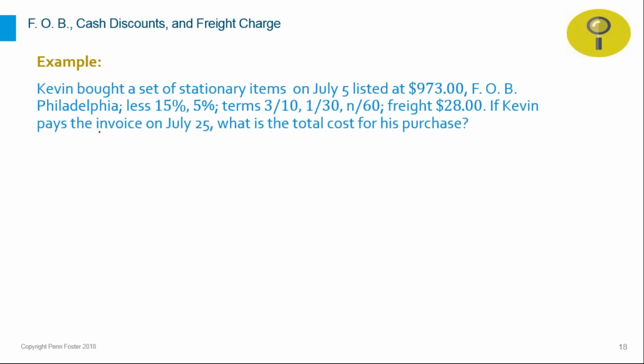If Kevin pays the invoice on July 25th, what is the total cost for his purchase? So Kevin is going to get 15% and 5% off anyway. But would he get the 3% or the 1% off if he pays on July 25th?